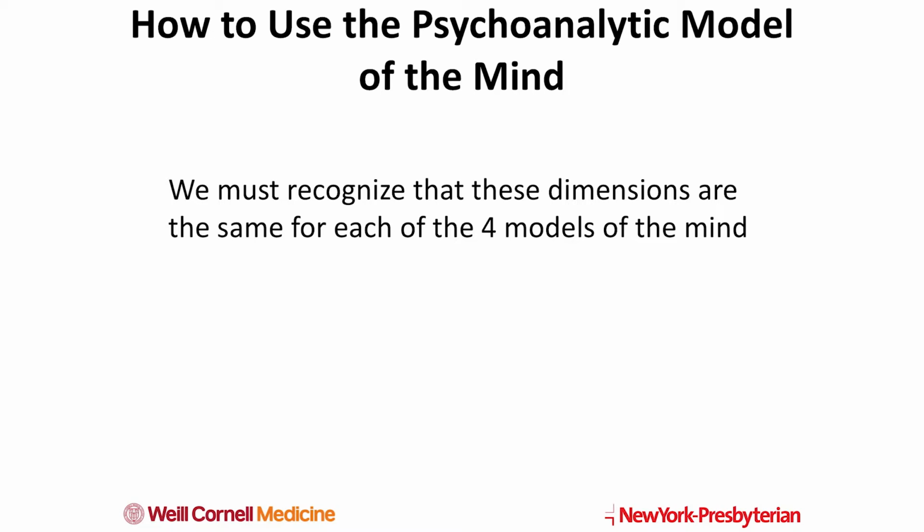These motivations are different from each other, but they are motivations nonetheless. Therefore, they are charted on the same dimension, motivation. The same thing holds true for the other dimensions: topography, structure and process, development, and psychopathology and treatment. Let us continue to look at the dimensions separately.